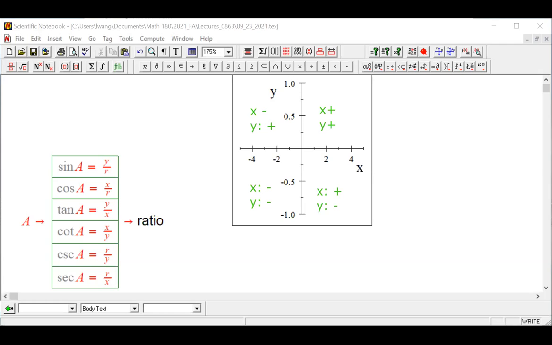If y is positive in the first quadrant, okay, y is positive in quadrant 1 and quadrant 2, and y is negative in quadrant 3 and quadrant 4, what does that tell you? It tells you sine is positive, positive, negative, negative. Is that right? Yes. Does that make sense?